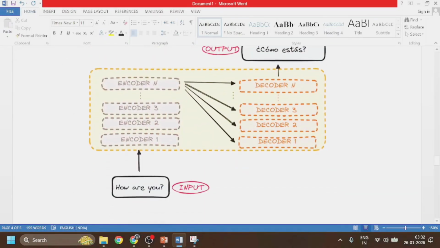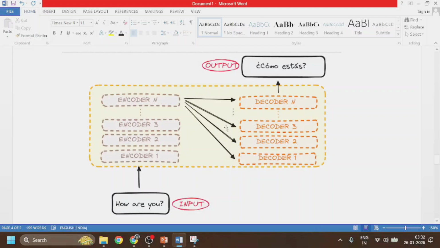Now you can see here the diagram for the transformer. I just took n here: encoder 1, encoder 2, encoder 3, up to encoder n. All these encoders have the same structure. We will talk about the decoder later. In this video we are going to talk about the encoder only.